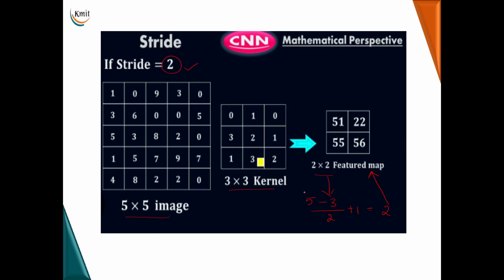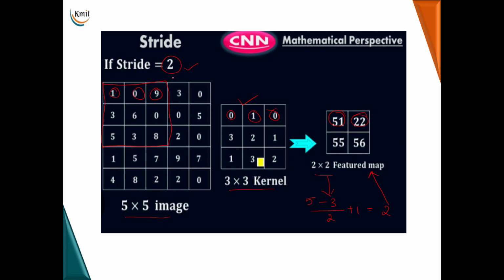And how did I get this? This kernel will be placed on the image, and the dot product of 1 into 0 plus 0 into 1 plus 9 into 0, all these values we find the dot product and find the summation, which will be equal to 51. And how do I get 22?